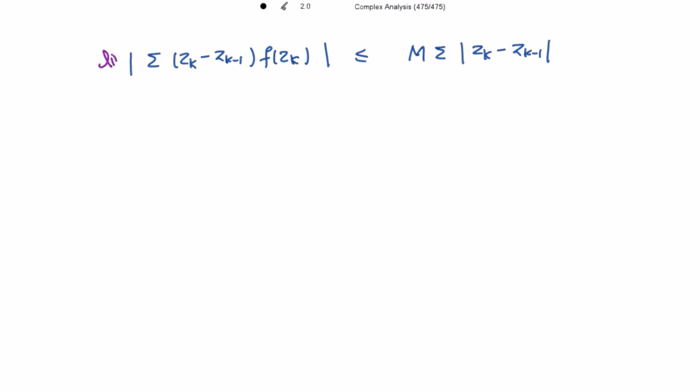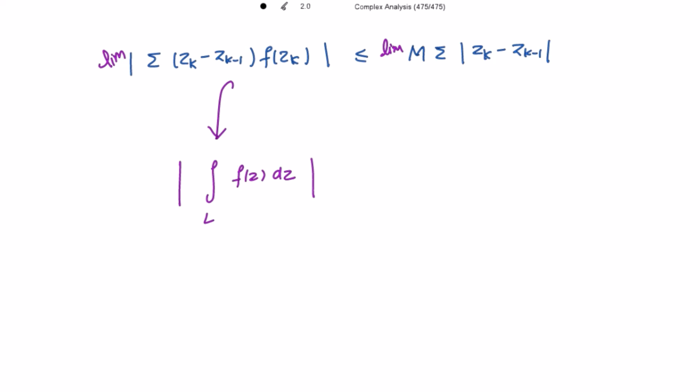If I take the limit on both sides, where n tends to infinity and the mesh of P, the norm of P, tends to 0, then the left hand side is nothing but the mod of the integral of f(z) over L, the complete integral.